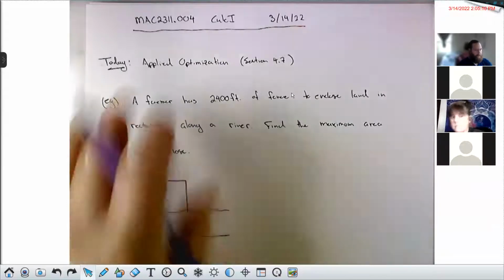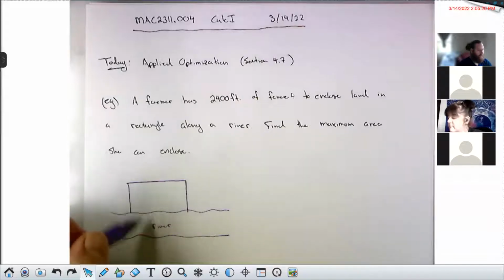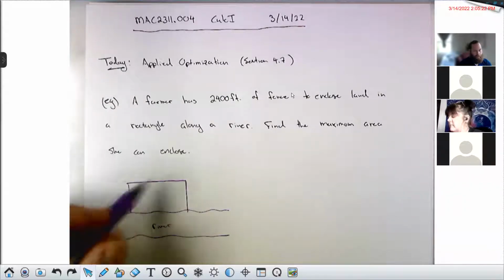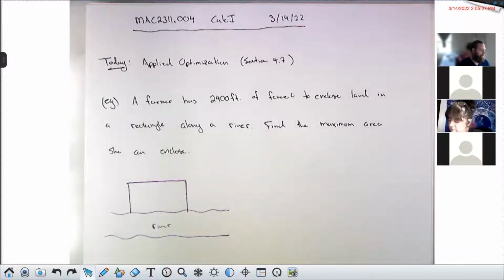Although I didn't write it here, you saw in the problem, they say you don't need any fence along the river, right? I'm trying to keep some cows in or something. They don't swim well, so I'm not terribly concerned about anything escaping across the river. I just want to make sure that I'm enclosing as much land as possible along this river.